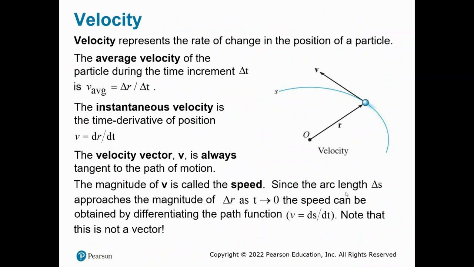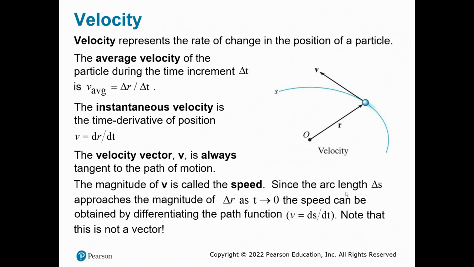Instantaneous velocity is the time derivative of position. So instead of using the overall total position change over total time, instantaneous velocity is the derivative of the position with respect to time. The velocity vector v is always tangent to the path of the motion. The magnitude of v is called the speed.